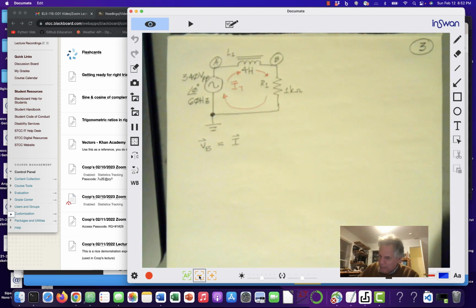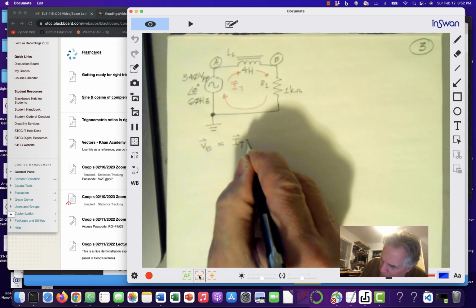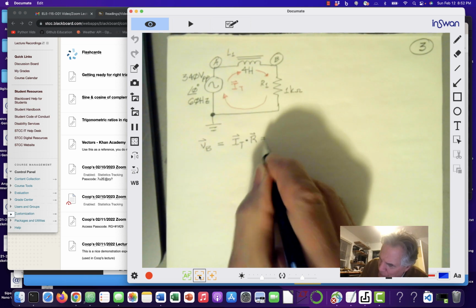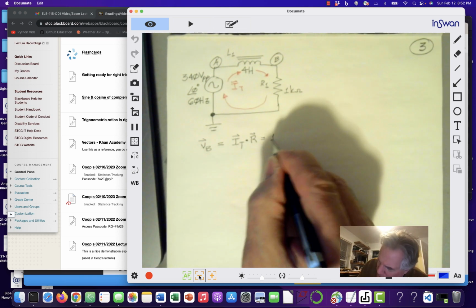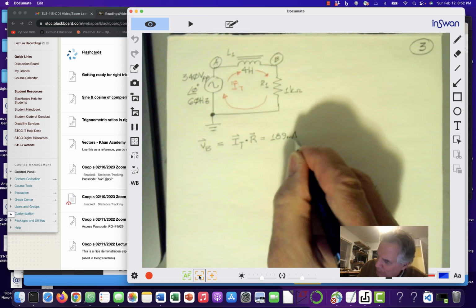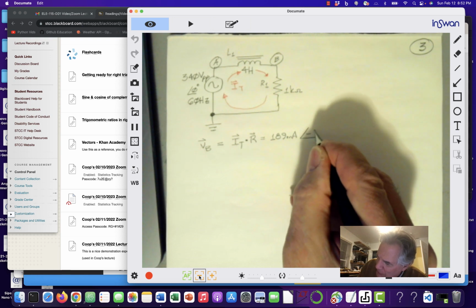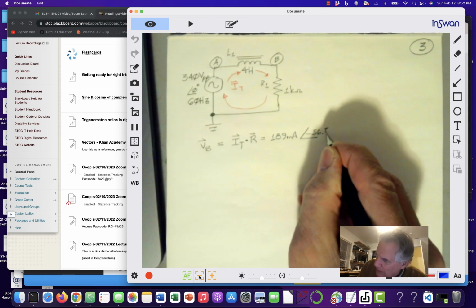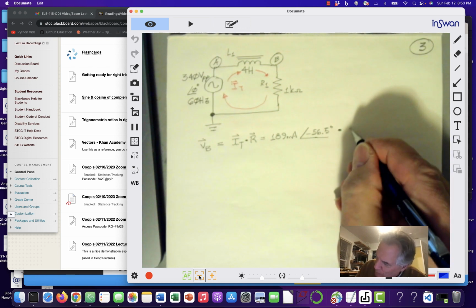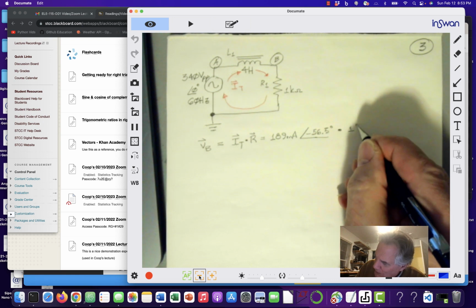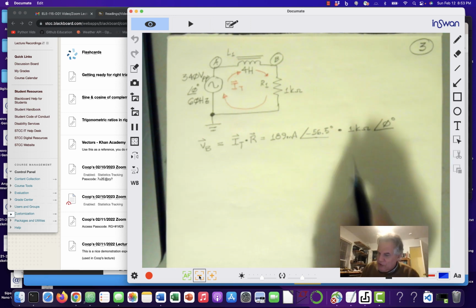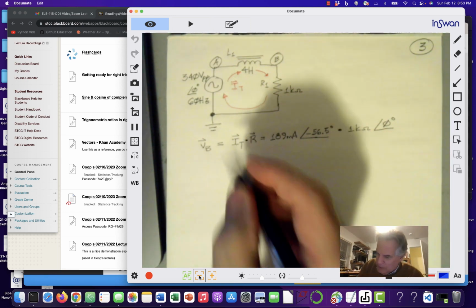Okay? So I'm just going to multiply IT times R, and that's equal to 189 milliamperes at minus 56.5 degrees times 1 k ohm at 0 degrees. It's a resistor, right? Well, let's work this out.